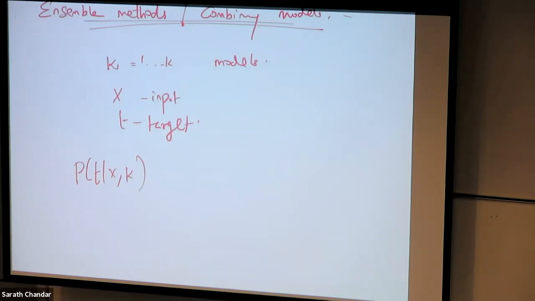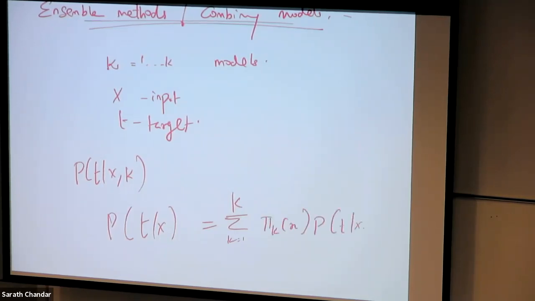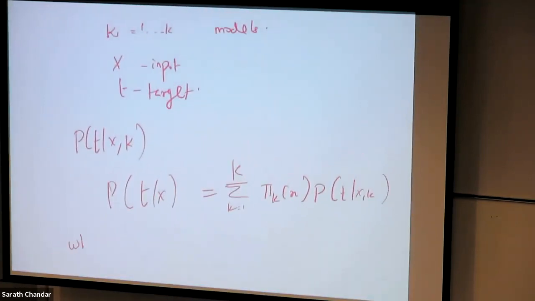Now my p of t given x is going to be summation over k is equal to 1 to capital K, pi k of x multiplied by p of t given x comma k, where pi k of x is basically probability of k given x, the mixing coefficient.